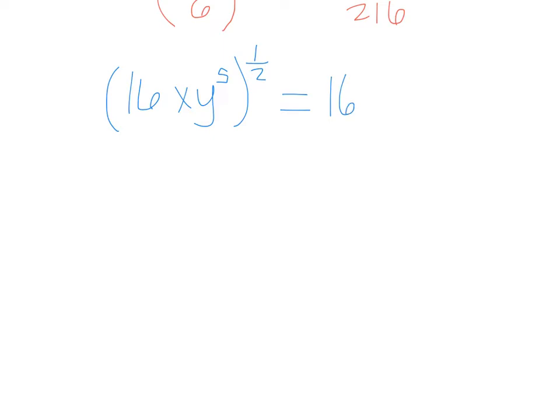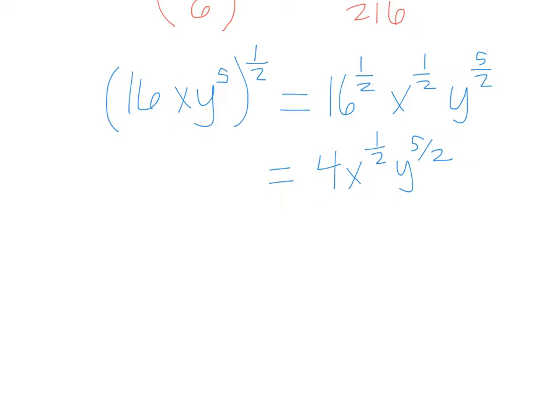So we'll have 16 to the 1/2, x to the 1/2, and y, we're going to multiply the 5 and the 1/2, so that exponent on the y is going to be 5/2. We can take the square root of 16, and we get 4. So 4 x to the 1/2 and y to the 5/2.